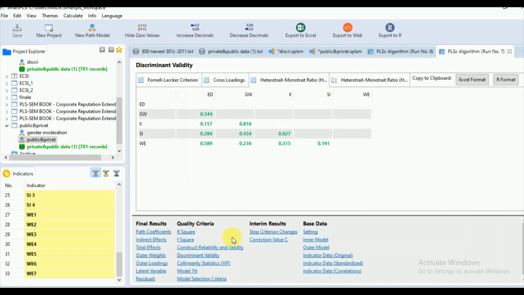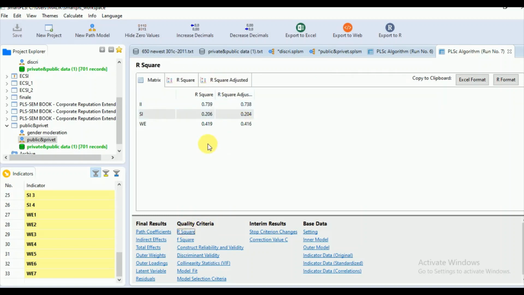Now we will go to the bootstrap, and there are some metrics which we will use in the structural model also. One of them is R square, which shows the explanatory power of the model, and we will focus on our main endogenous variable, which is WE, with an adjusted R square of 41.6%. As we have a multi-construct model, we will go for the adjusted R square, and as we have cross-sectional data, 41.6% is quite good.